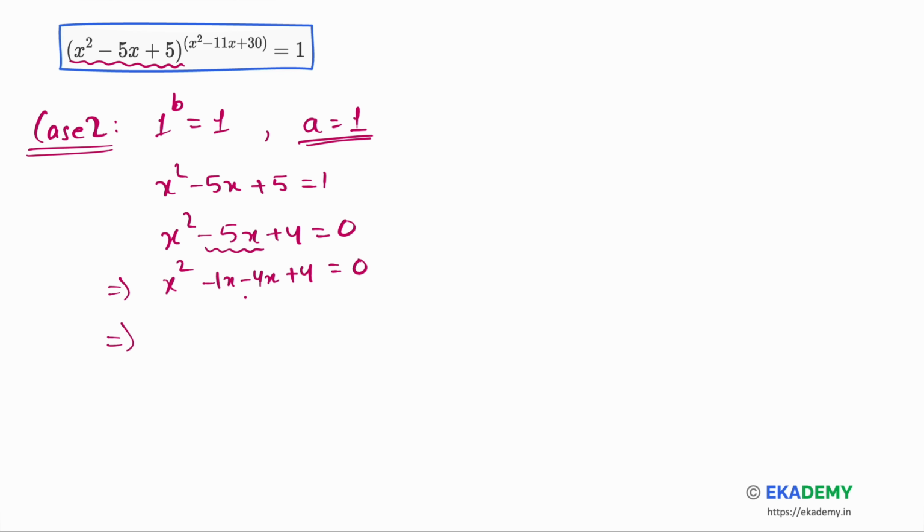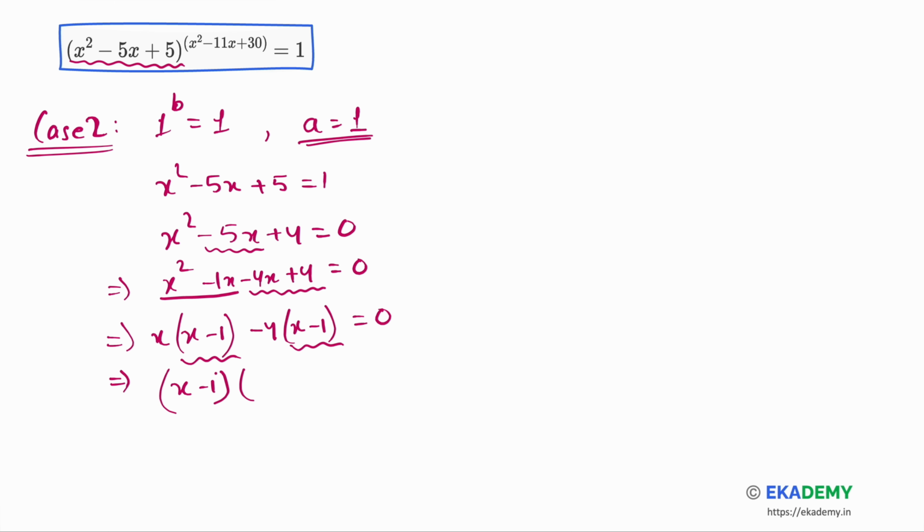The next step: from the first two terms, x is a common factor, and we will be left with x minus 1. From the last two terms, minus 4 is a common factor, and we will be left with x minus 1 equals 0. So, x minus 1 is a common factor from these two terms now. So, x minus 1, and inside the bracket we will be left with x minus 4, equals 0.